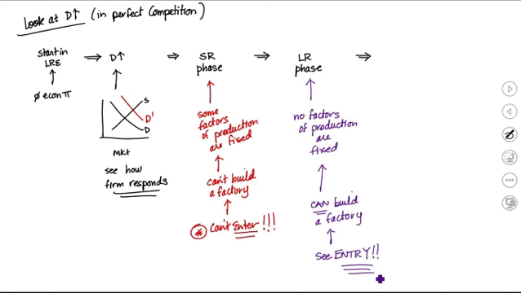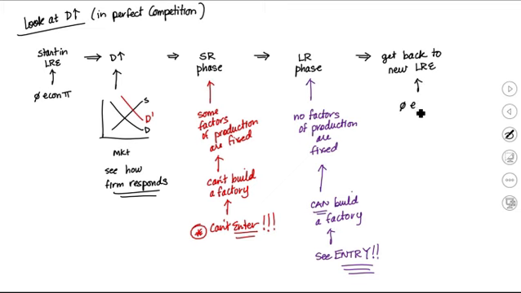So we need to look at the short run response to a demand increase, and we need to look at a long run response to a demand increase. But eventually, after everything settles, we're going to get back to a new long run equilibrium situation. And what did we say we know about long run equilibrium? We have what kind of economic profits?